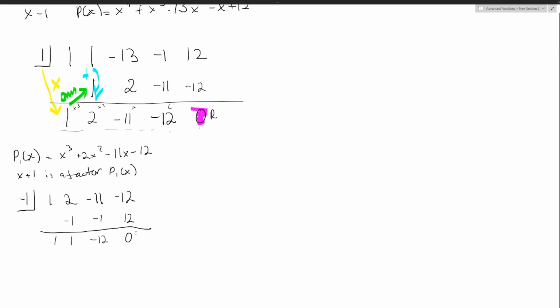So what we get now is, this is again our remainder, so we don't care. We have x squared, x, and a constant. Therefore, I'm going to write it over here since we're running out of space. P2 of x is equal to x squared plus x minus 12. From here, again, we don't have to use the integral zero theorem.